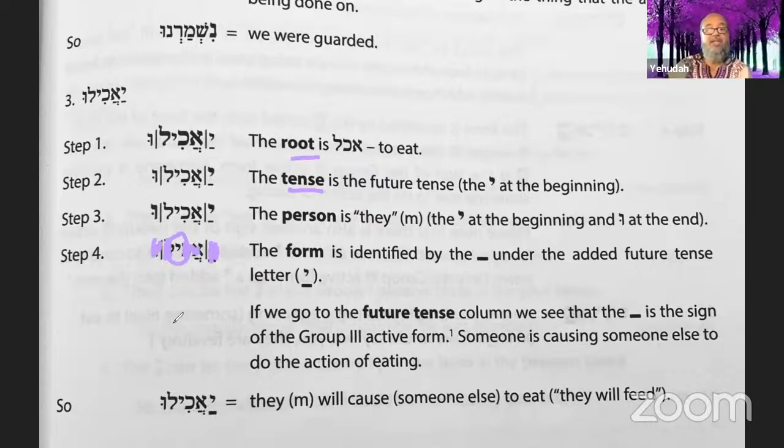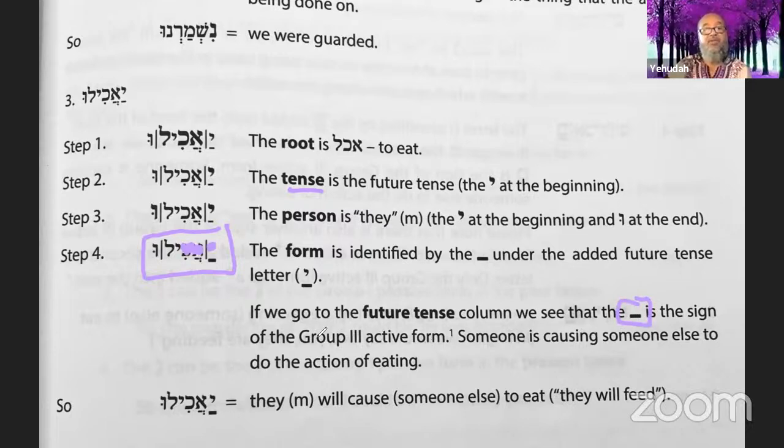How do we know? It says if we go to the future tense column, we see that they're looking at this form, this identifying sign. Let me erase this stuff so you can see what he's saying. So they're telling us that identifying signs are not just letters, but they're actually vowels as well.